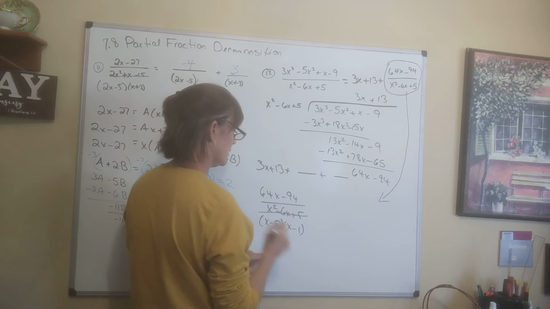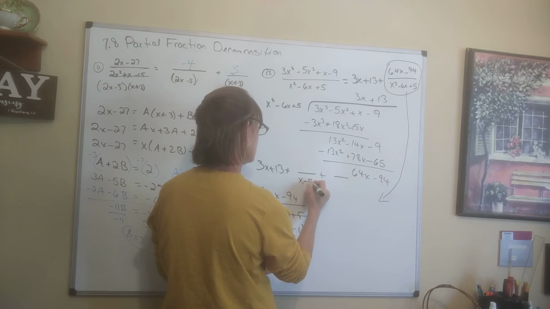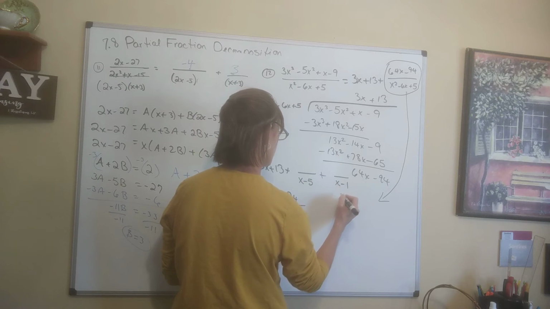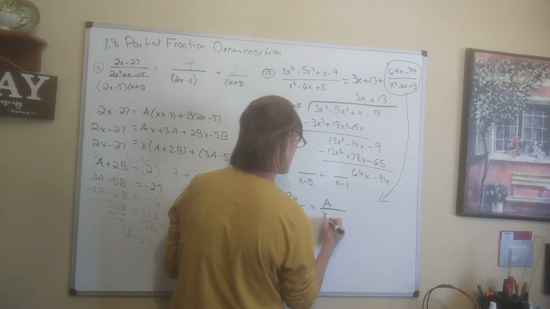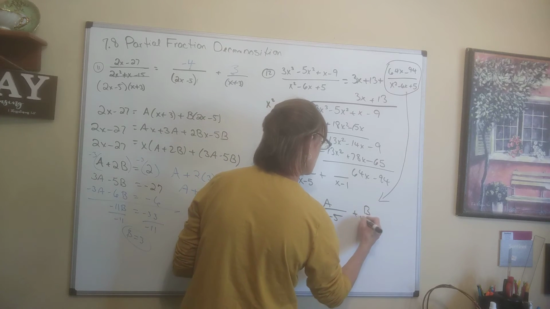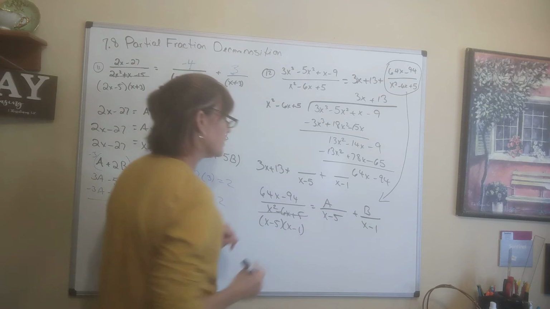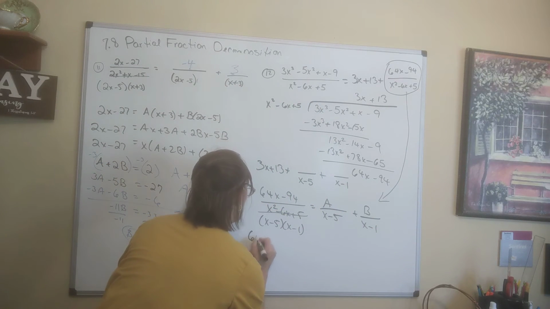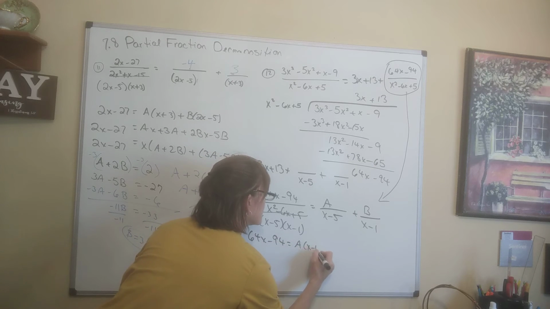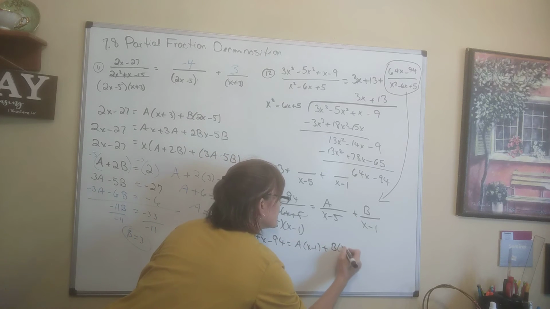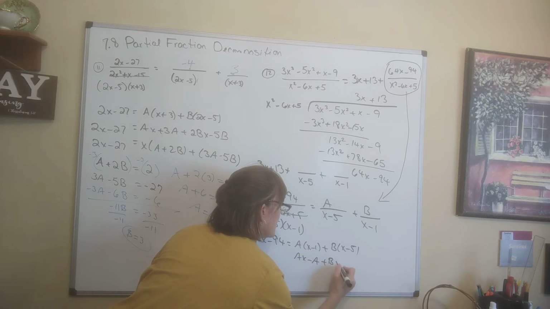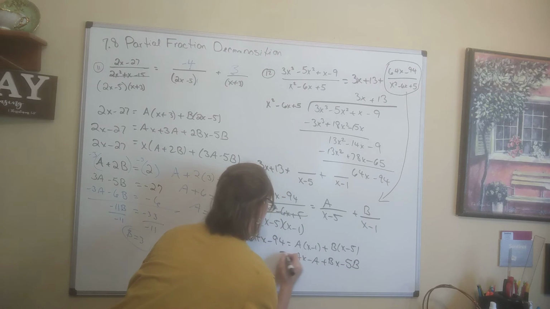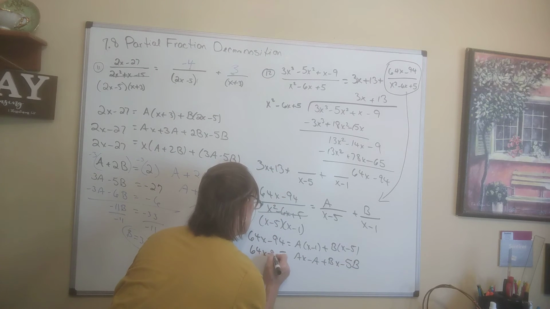This is what it factors into. So this is going to be over x minus 5, and this is going to be over x minus 1. So this is a over x minus 5, b over x minus 1. Multiply both sides by the lowest common denominator. 64x minus 94 is a times x minus 1 plus b times x minus 5. Ax minus a plus bx minus 5b is 64x minus 94.